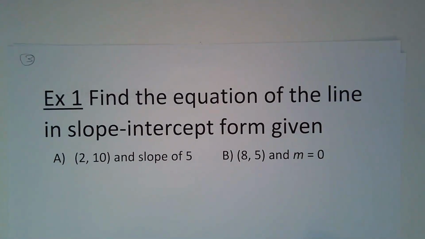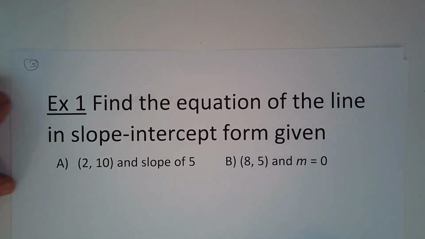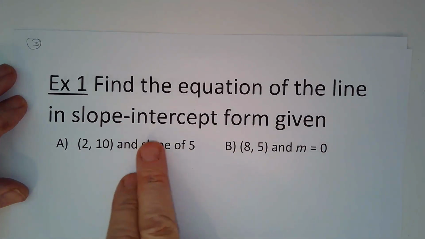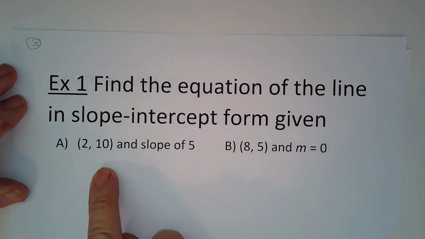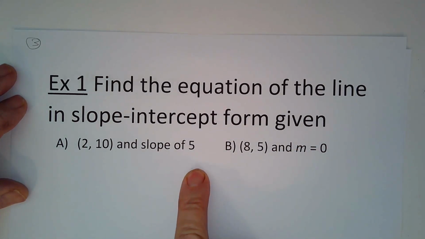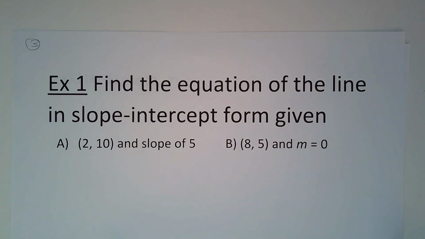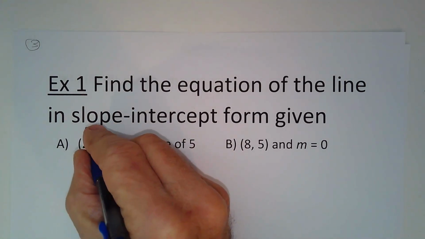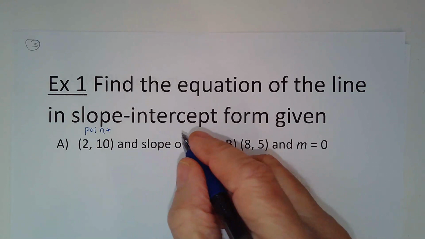All right? Okay, so now we're going to look at finding the equation of the line given a point and slope. That's what we're going to be doing here. So I'm going to remind you that this is your point, and obviously this is your slope.